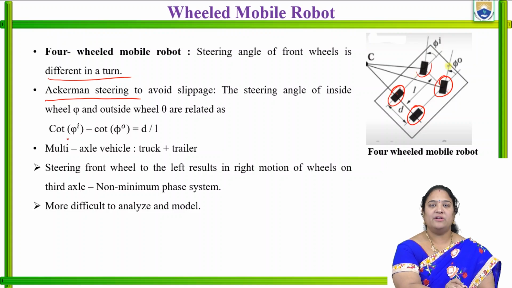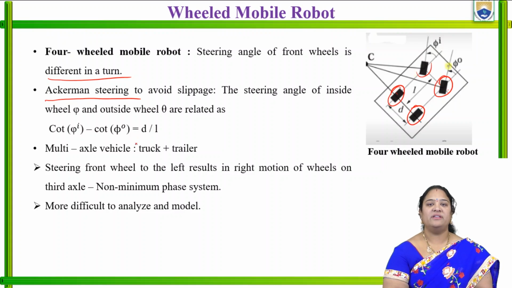Here that particular formulation is taken as cot of phi power i minus cot of phi power o is equal to d by l. That is the multi-axle vehicle, whether it is a truck or a bus or a car, that particular multi-axle vehicle will be attached with the trailer.